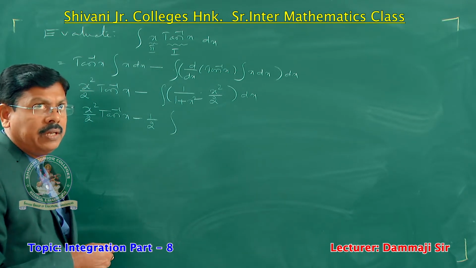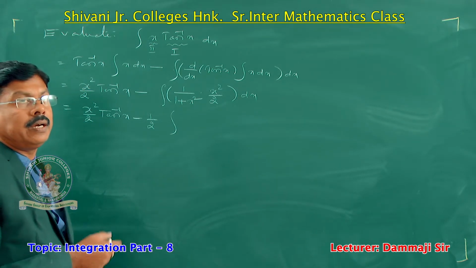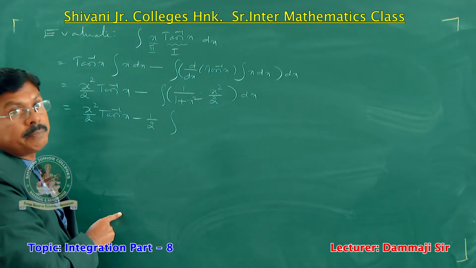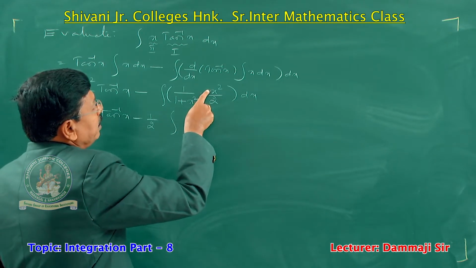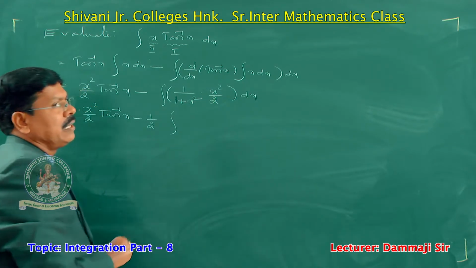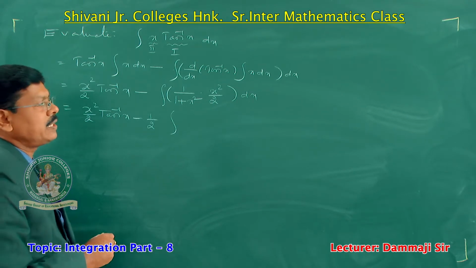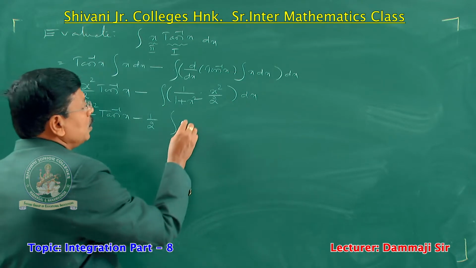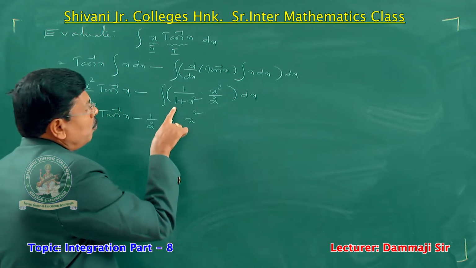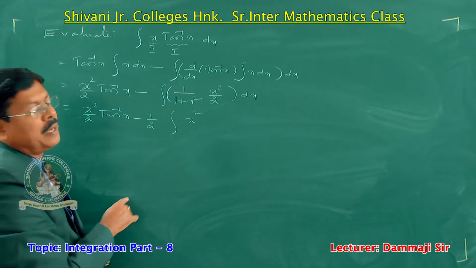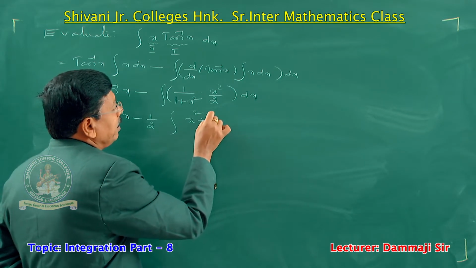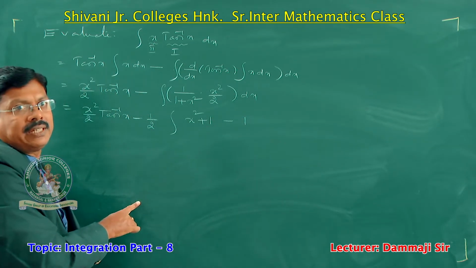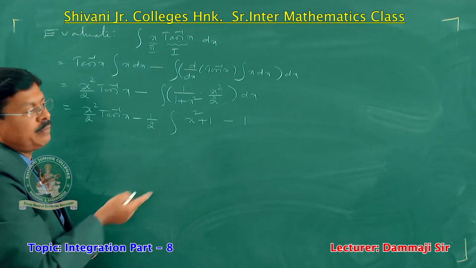Suddenly you may not get the idea. This is an improper fraction, meaning the degree of numerator and denominator are the same. By the division method, or alternately, in 1 plus x square we need the numerator plus 1, so immediately you can subtract. It is one more method.